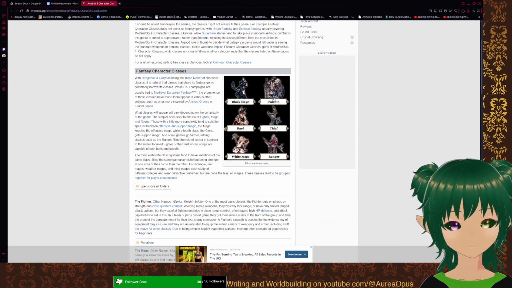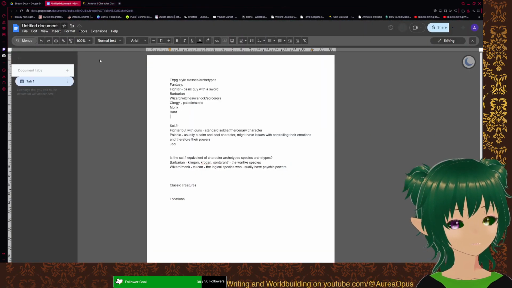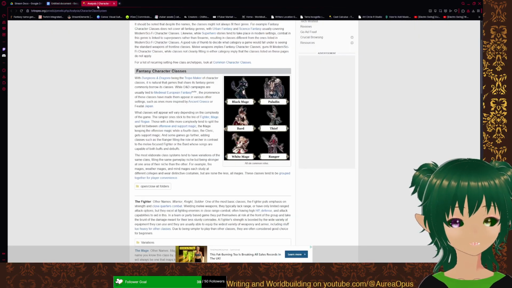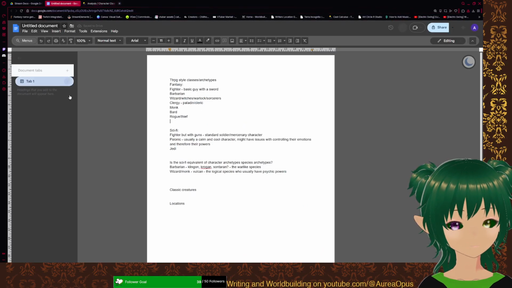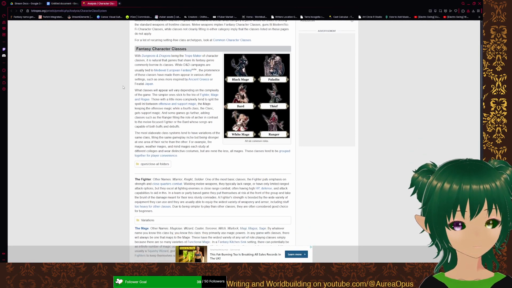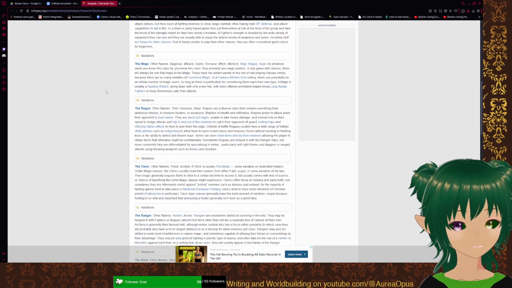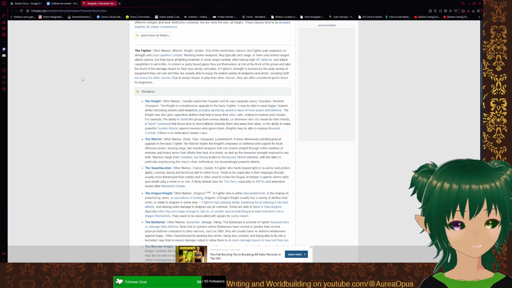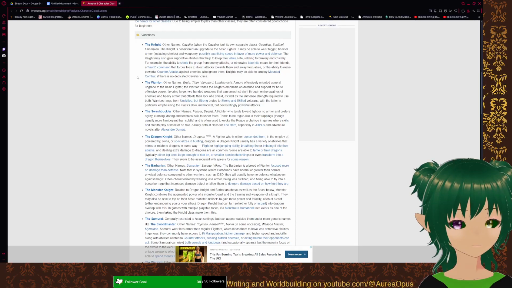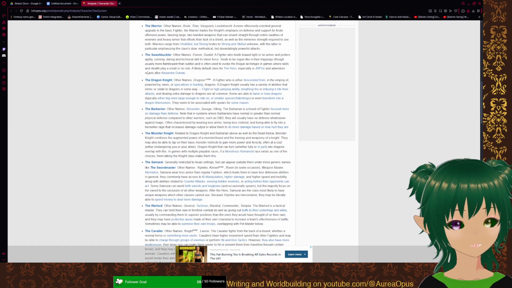Yeah, okay, here we go. The Black Mage, the Paladin, the Bard, the Thief, the Rogue, Thief, etc. The Healer. What else? A Fighter, Mage, and variations. Yes, exactly. A Knight, a Warrior, Swashbuckler.